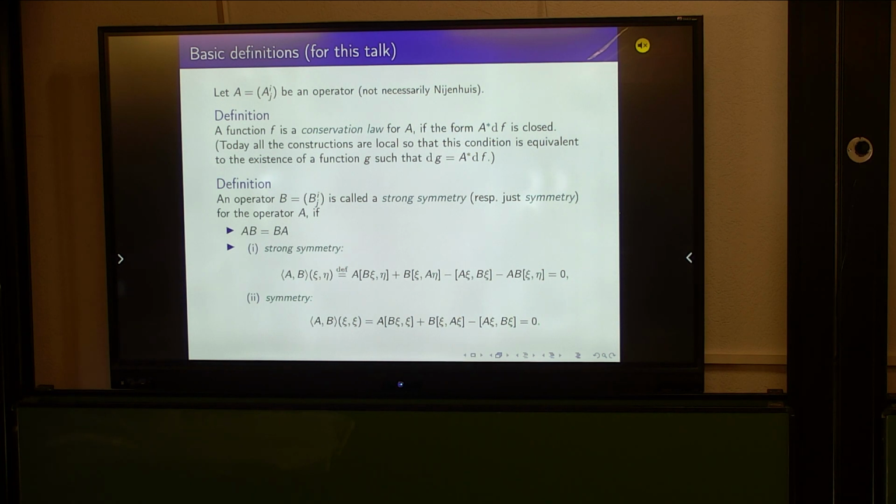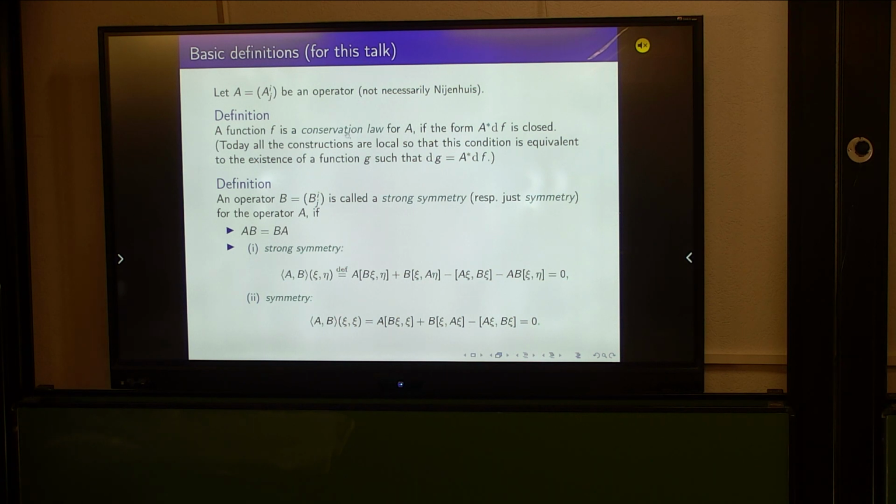We have a manifold, we have an operator defined on it, and what is a conservation law? To be honest, at first I was a little bit confused by this definition, but I will explain what it means in a moment. Formally, the definition is as follows.